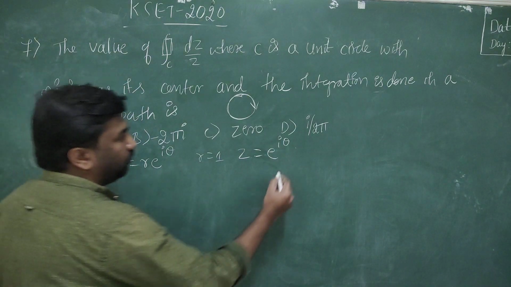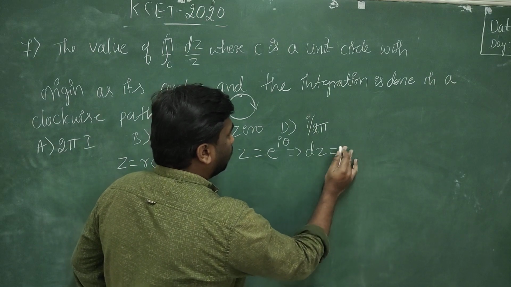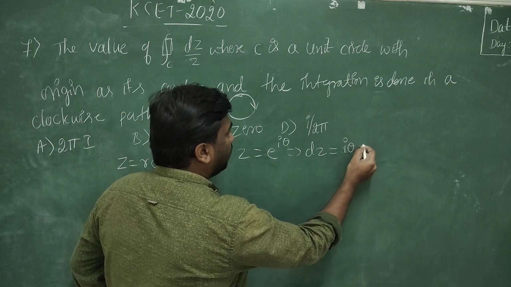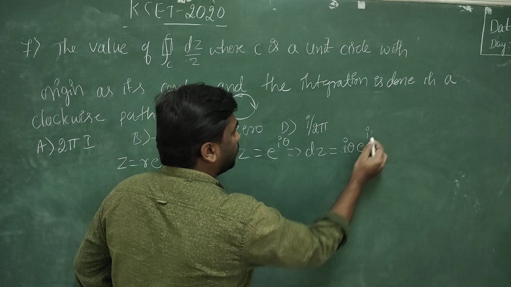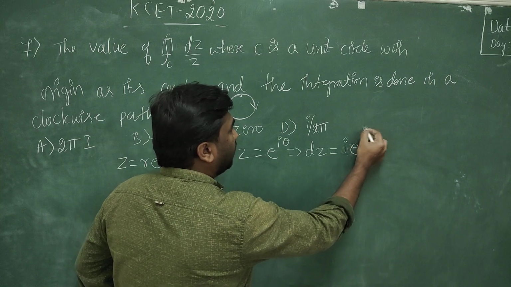So z is equal to e power i theta. Next, therefore dz is equal to i into e power i theta d theta.